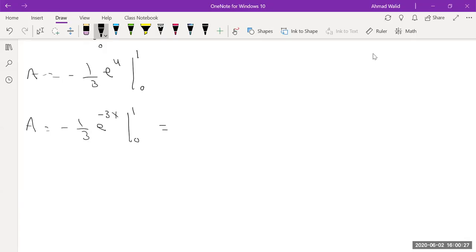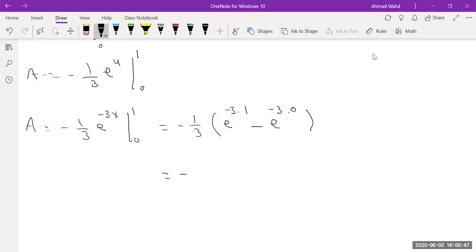To plug in the values, negative 1/3 times, plug in the upper limit, it gives you e to the power of negative 3 times 1, minus plug in the lower limit, which gives you e to the power of negative 3 times 0.